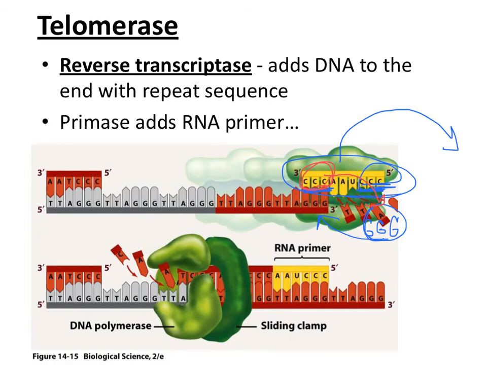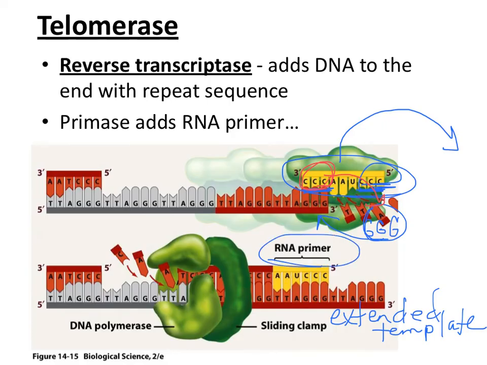This has the added benefit, once you have created an extended template. So now you have extended the template. Now the RNA primer can start on that extended template and now be used to replicate the DNA strand in this particular direction normally.